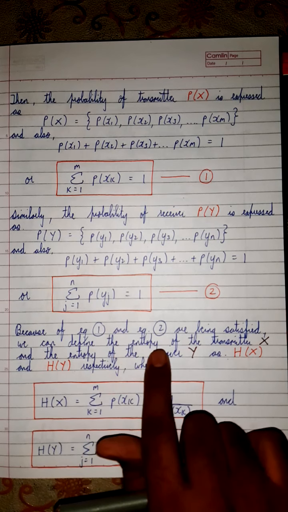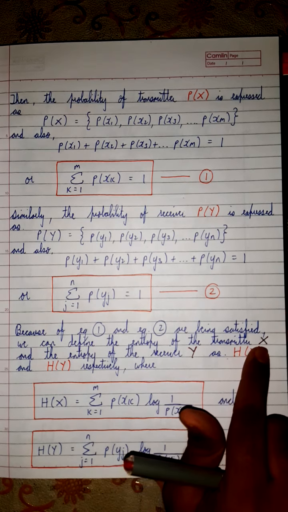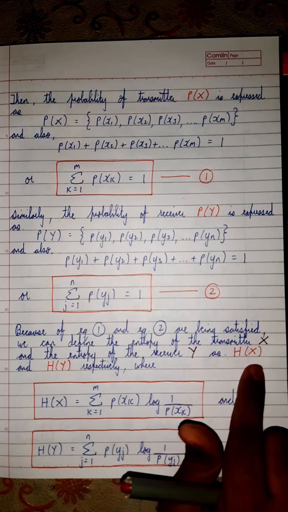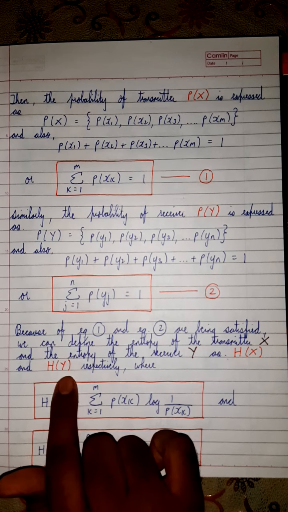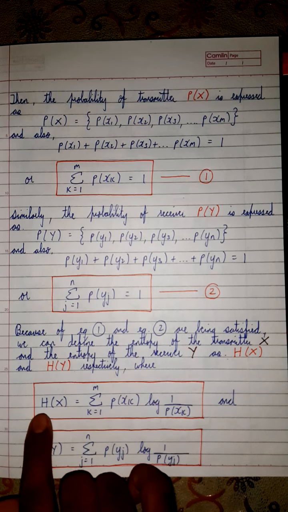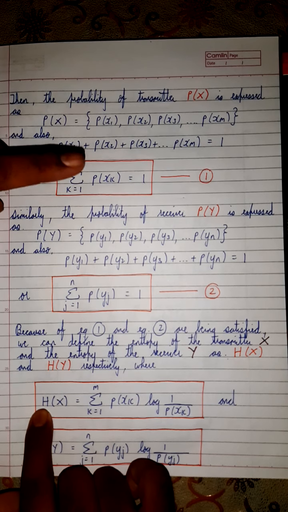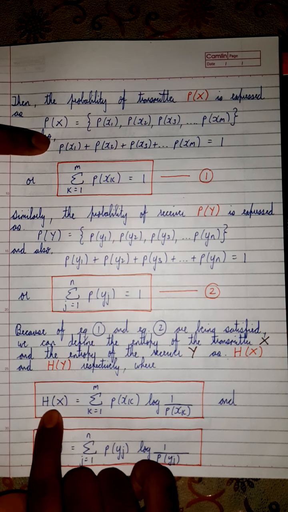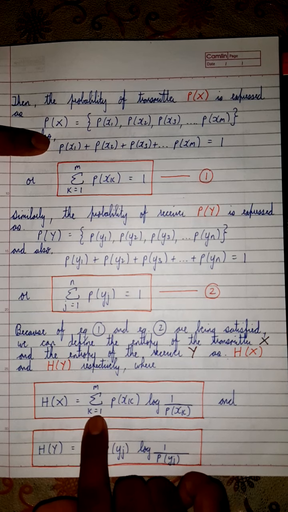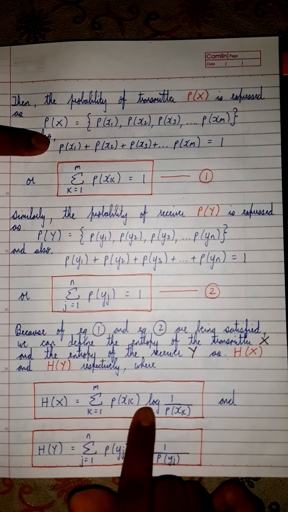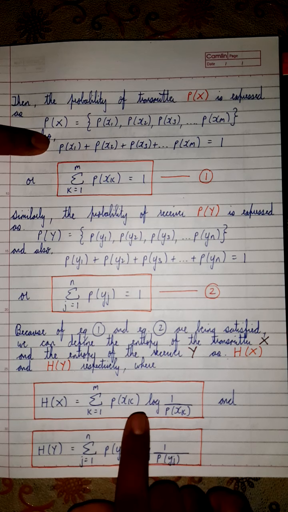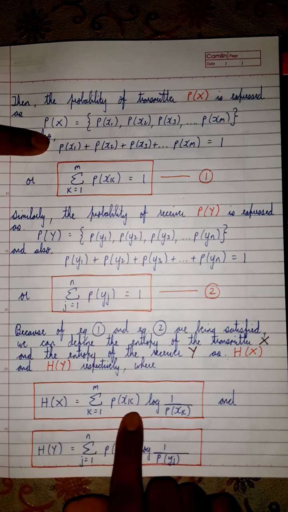we can define the entropy of the transmitter X and the entropy of the receiver Y as H of x and H of y respectively, where H of x is the entropy of this P of x. So H of x is equal to sigma k equal to 1 to m, P of xk log 1 by P of xk. This is the entropy of the source or entropy of the transmitter.